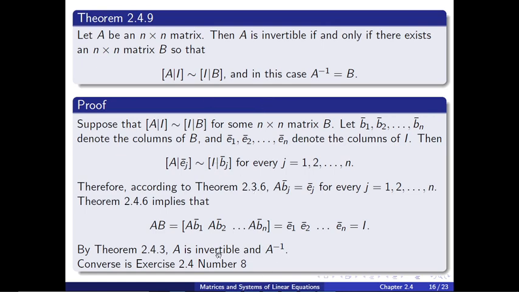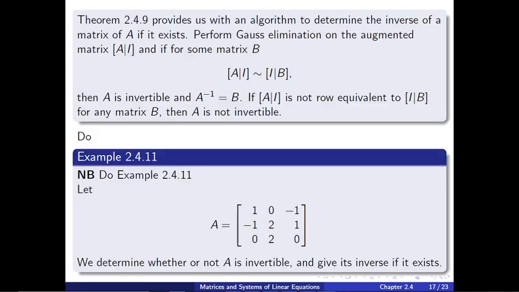The converse is left as an exercise, and it's exercise 2.4, number 8 in the textbook. Right. So what do we know now? So theorem 2.4.9 provides us with an algorithm to determine the inverse of a matrix A, if it exists. So what do we need to do?